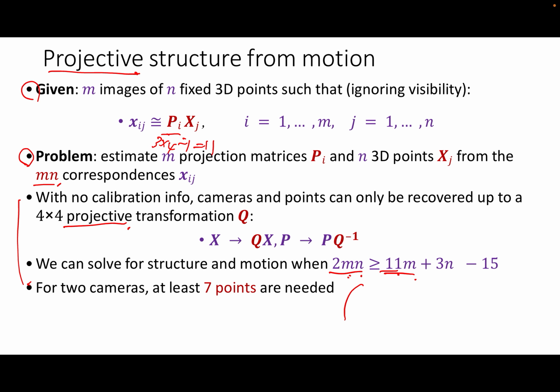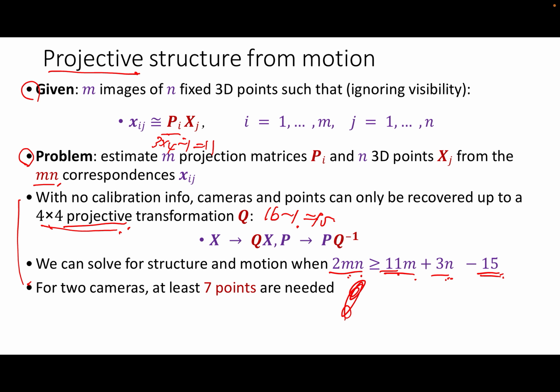And 3n, we have n 3D points, xyz, so we have 3n. And 15 is because a 4x4 projective transformation has 15 degrees of freedom because of the scale. So we subtract 15.